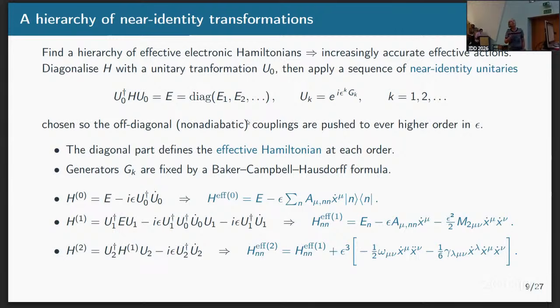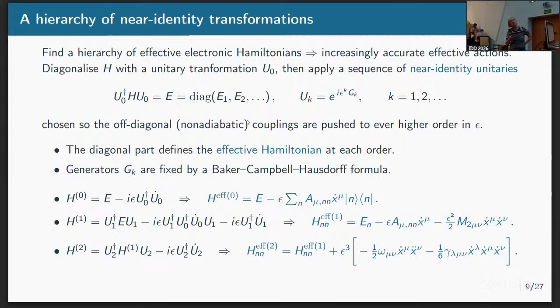The zeroth order transformation is basically you just diagonalize your Hamiltonian and go into instantaneous adiabatic eigenstates. Then you apply this series of unitary transformations on this Hamiltonian order by order in epsilon.